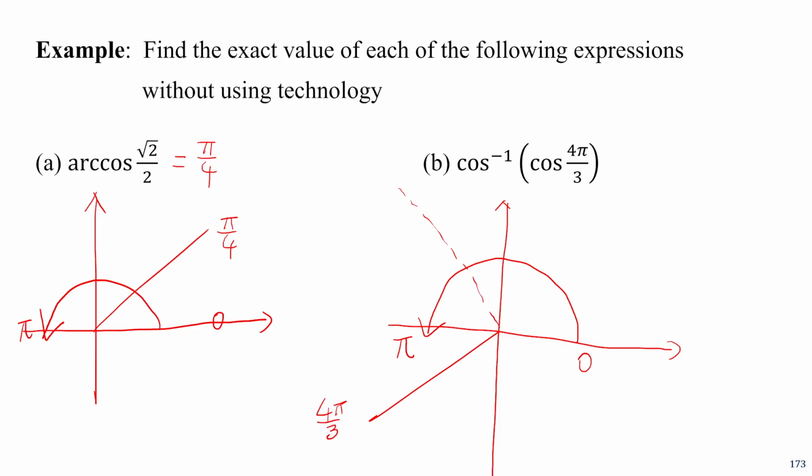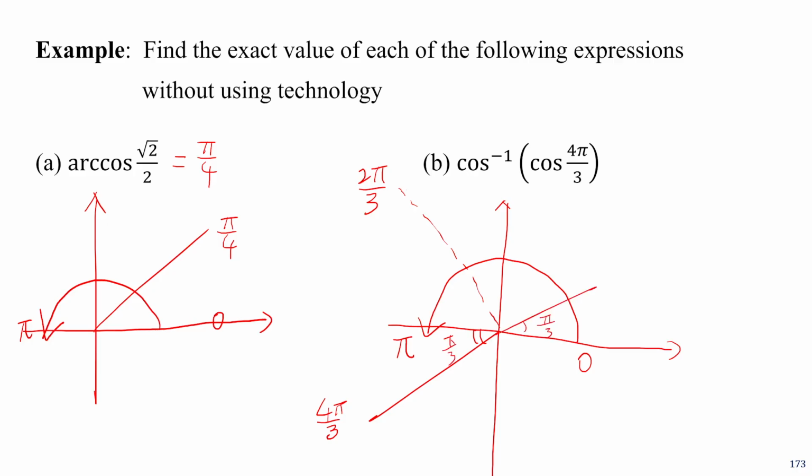So what is the value of that angle? That's 2 pi over 3, right? Why? Because if you have 4 pi over 3 here, this angle here gives you a third pi. Then that angle here gives you a third pi.